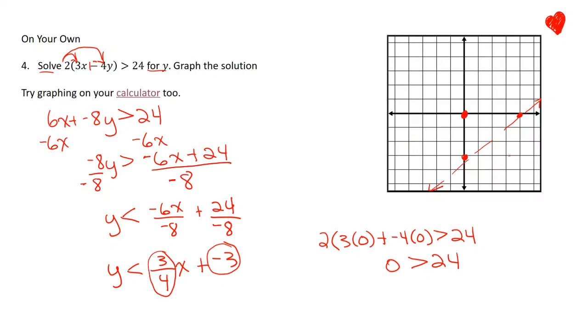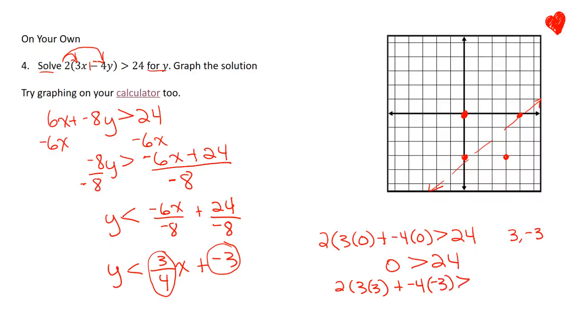So let's choose one down here, and I'm going to be real careful with my negatives this time. So this point is going to be over 1, 2, 3, down 3. So it's going to be x is 3, y is negative 3. So let's put this in here really carefully. 2 times 3 times our x, which is positive 3, plus a negative 4 times our y, which is negative 3.